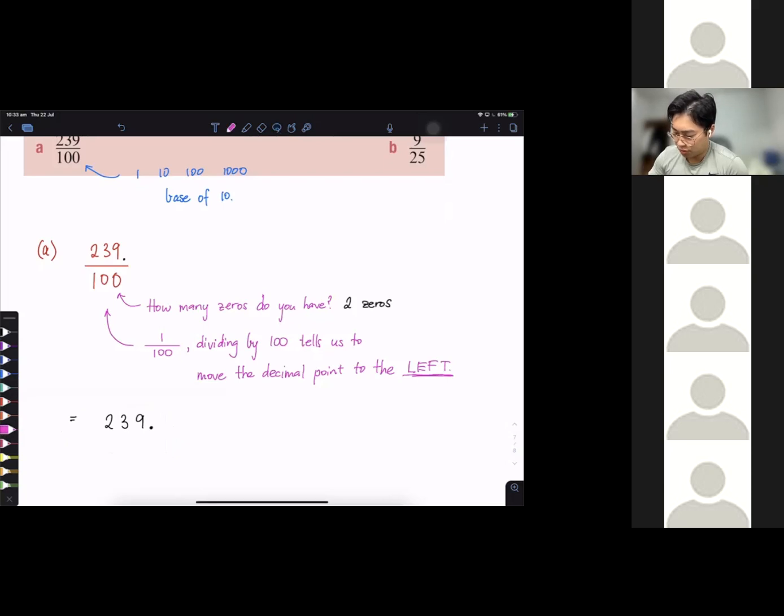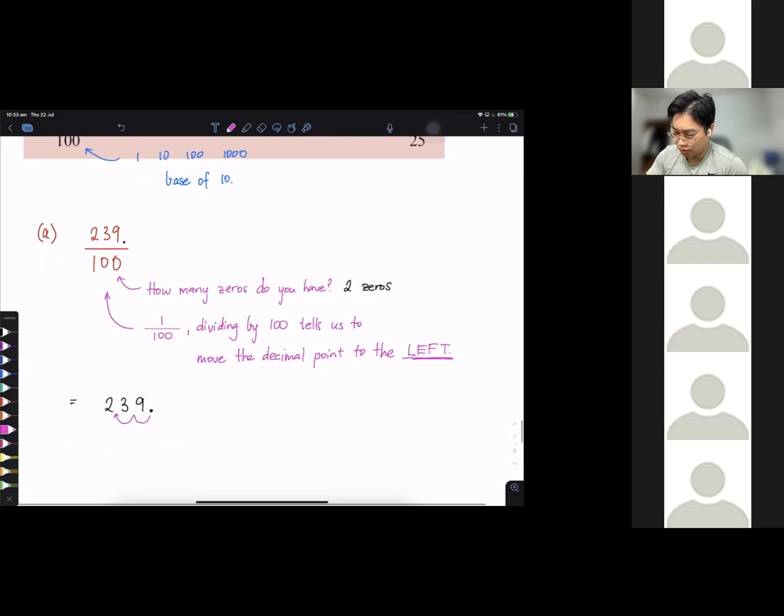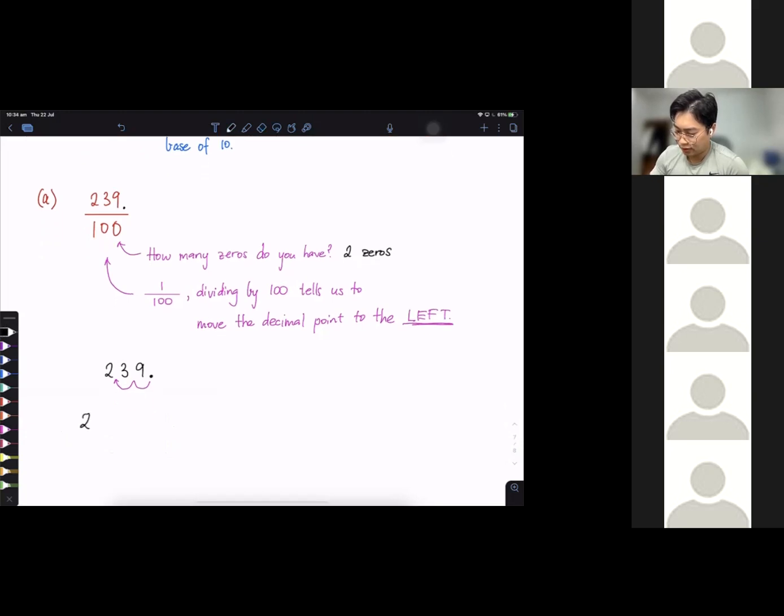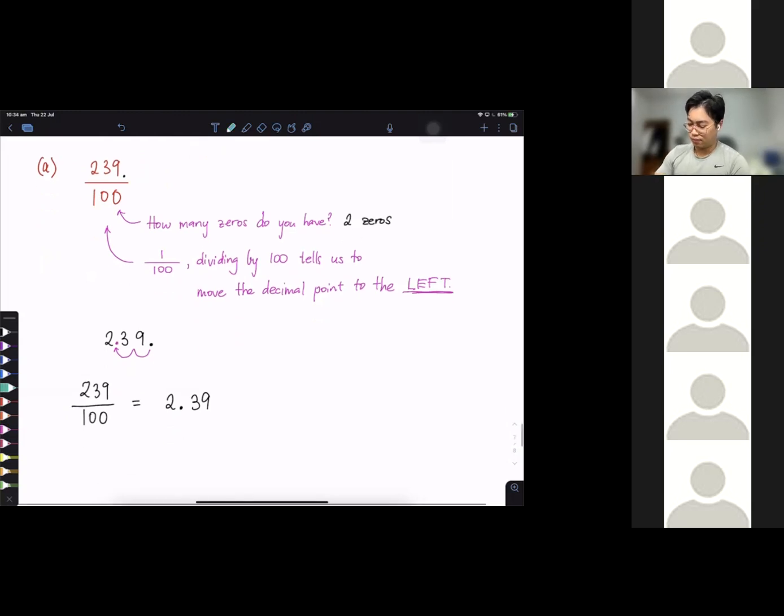So what we're going to do, we're going to move that to the left. 1, 2. So where's our decimal point now? 239 over 100 is equal to 2.39. Okay, so there's our new decimal point. And that's it. That's our decimal.